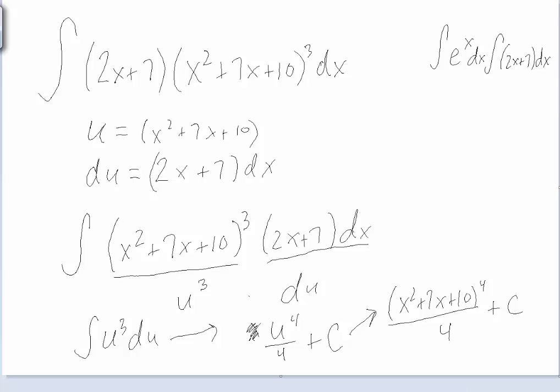And what we can do is check to see if this in fact is our derivative.